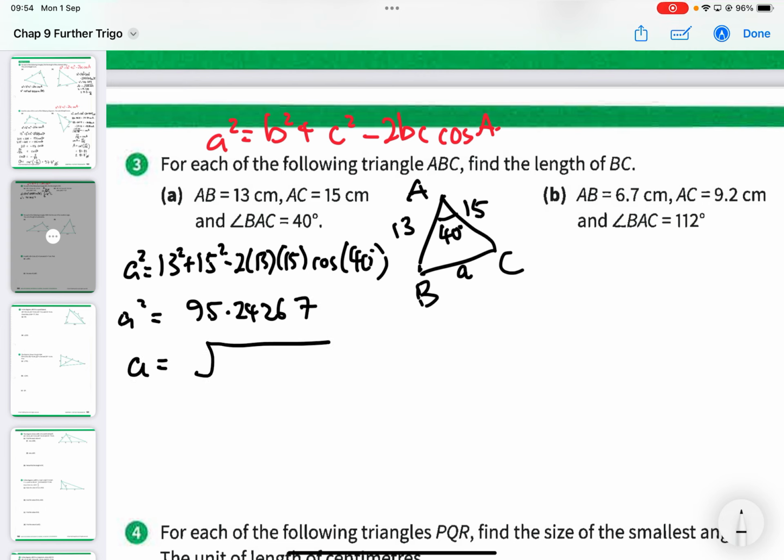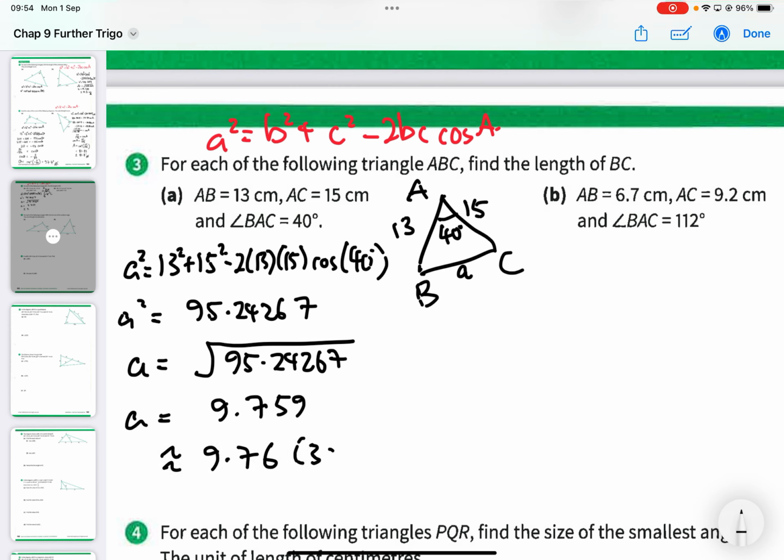A will be the square root of this number. Any problem? Any question?